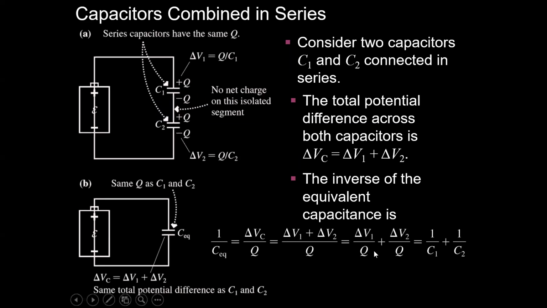Well, if you follow the derivation in the textbook, the total charge delivered by the battery is the same as if it was a single capacitor, but that capacitance is not the sum, it's actually the inverse of the sum of the inverses. So you see that formula there, 1 over C1 plus 1 over C2, all to the -1 power.